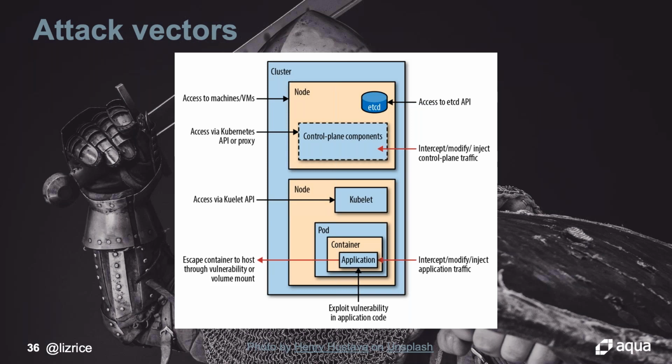So I don't want to scare you by talking about all these different attack vectors, but you do need to be aware that there are lots of different possible ways that the bad guys are trying to get into your deployment.